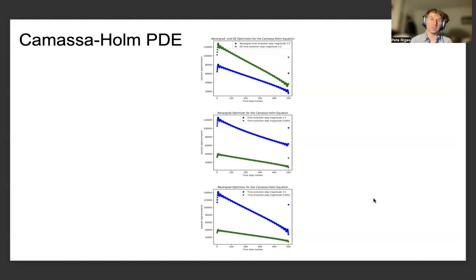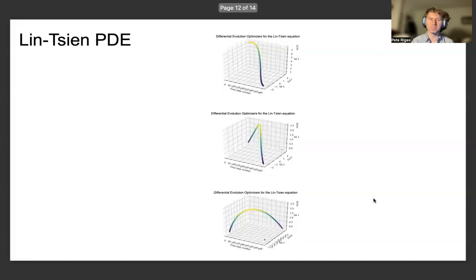So this constitutes another set of training data that we can feed into the neural operator for being able to approximate a linear function that's strictly decreasing with respect to the total number of time steps of the time evolution that we're running.